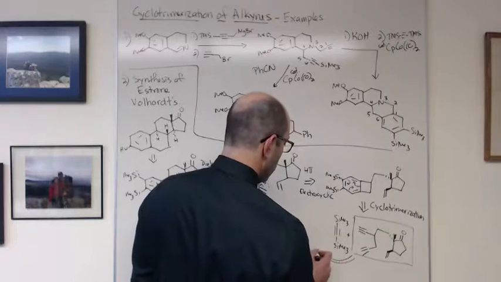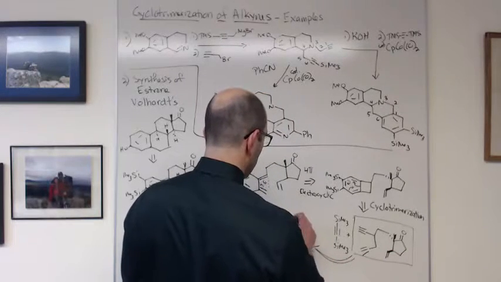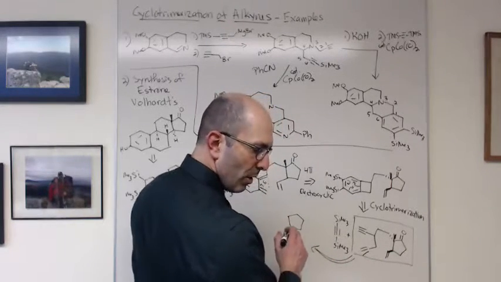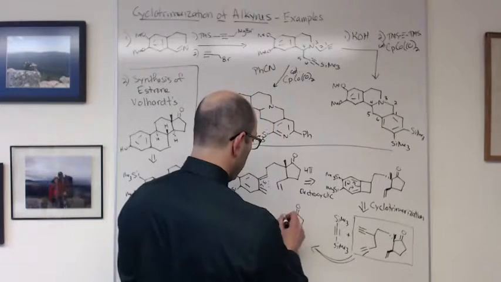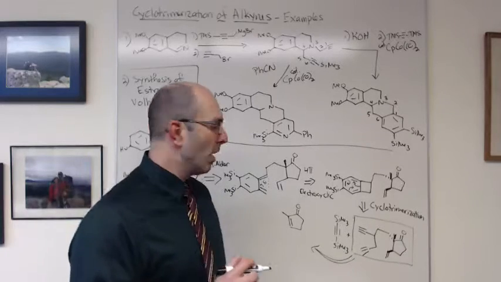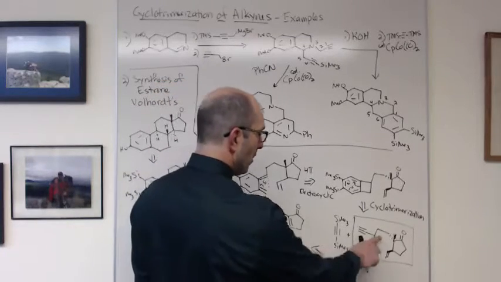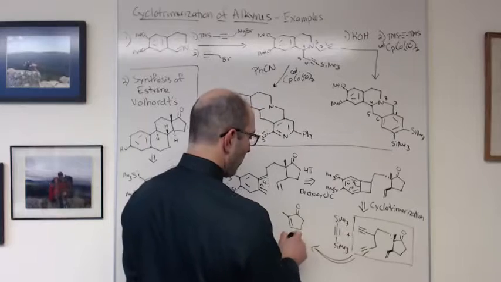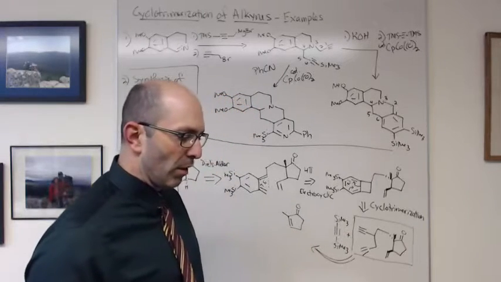Okay, so if we go backwards from here, they started with that cyclopentenone. So I'm pretty confident that you can come up with a synthesis of this in the 4 directions starting from here. So that's something that you may want to think about.